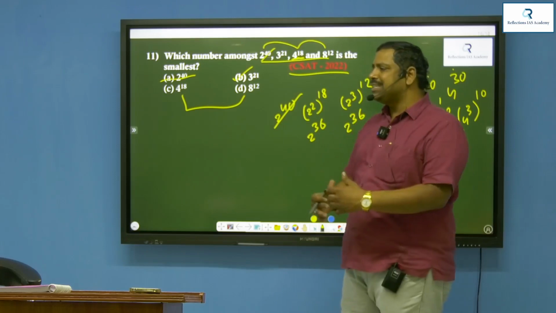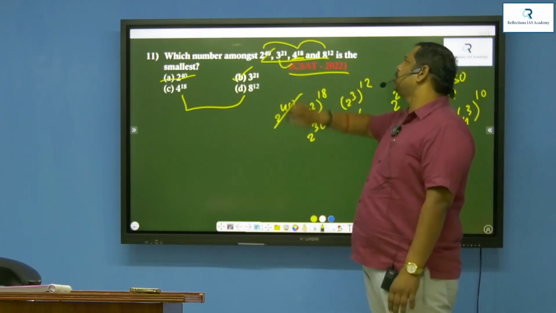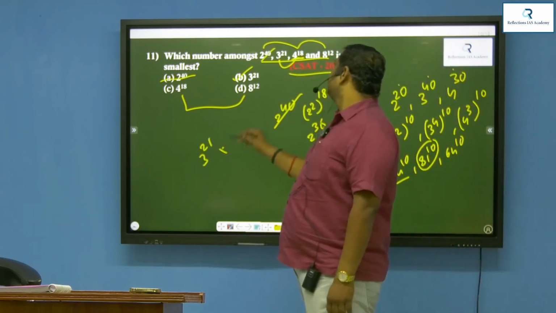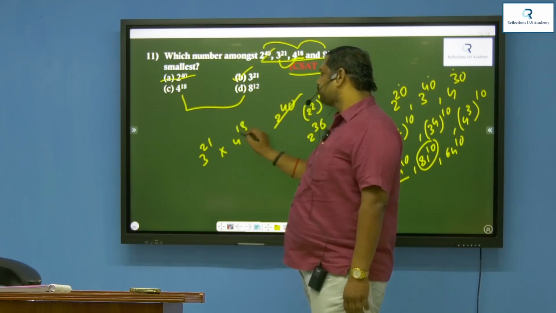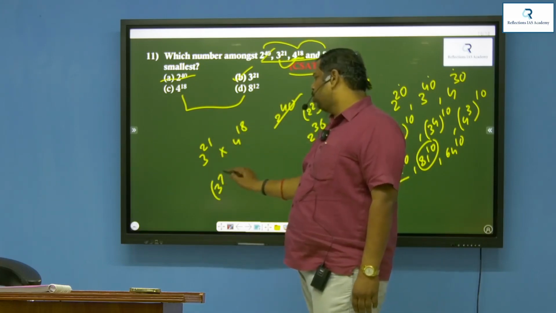Or else, if you want to do it mathematically, take these two. What he gave: 3 power 21 and 4 power 18. 3 is common, so I can take it as 3 power 7 whole cube.